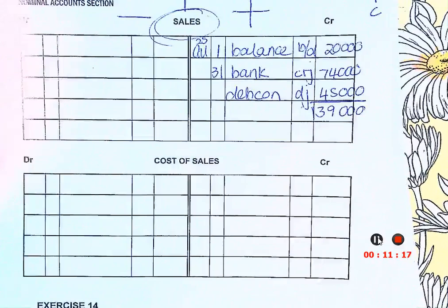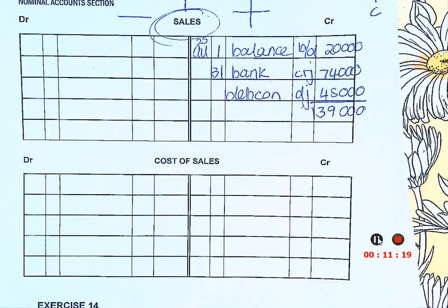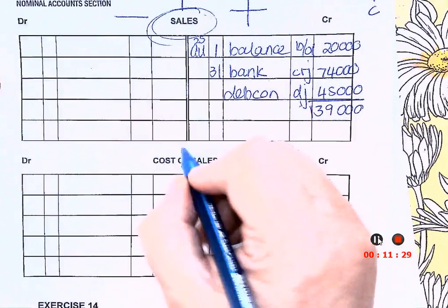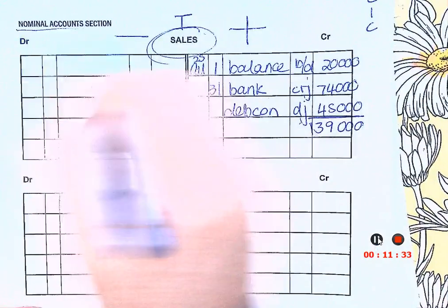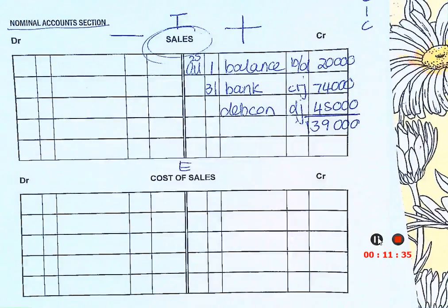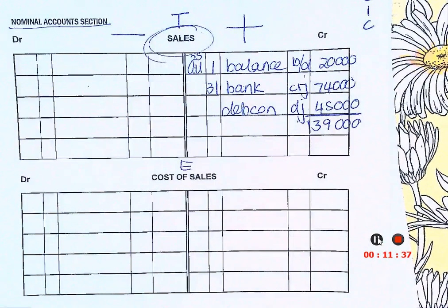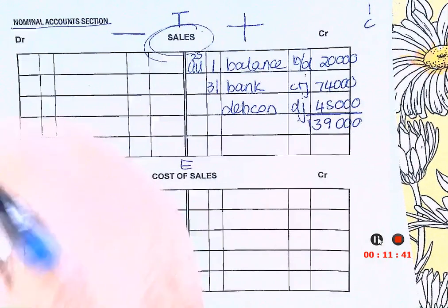Now let's go to cost of sales. What is cost of sales? Asset, liability, income, expense? Expense. Okay. It also makes my life easier to see that it's the nominal section, because the nominal section is only income and expenses. Now an expense is dead, okay?